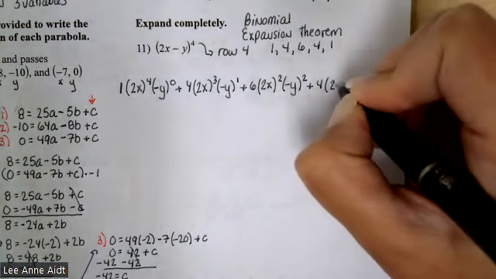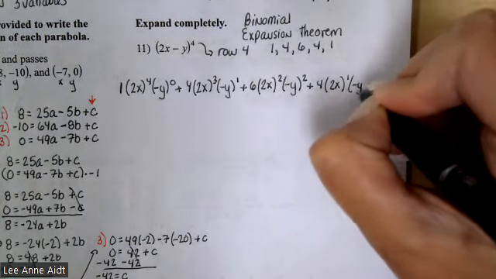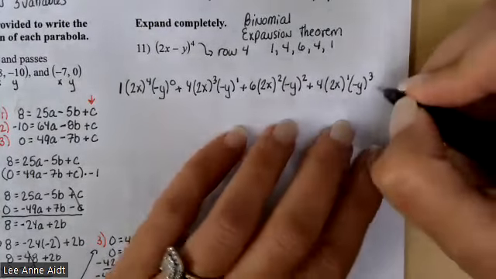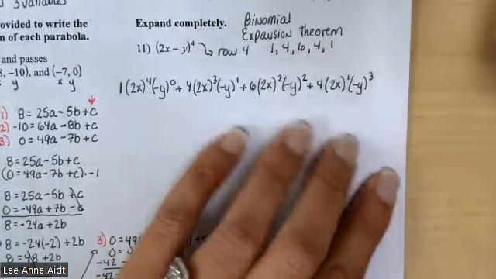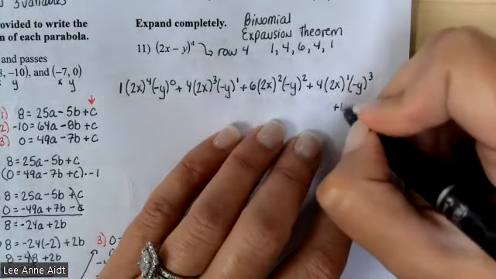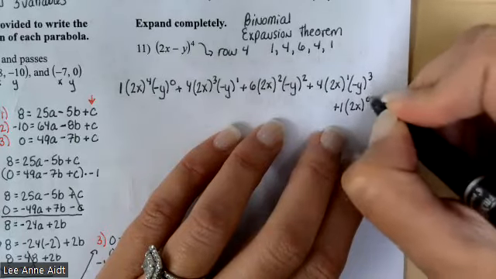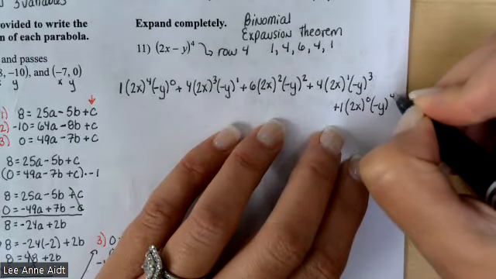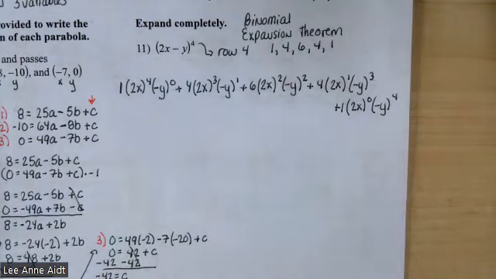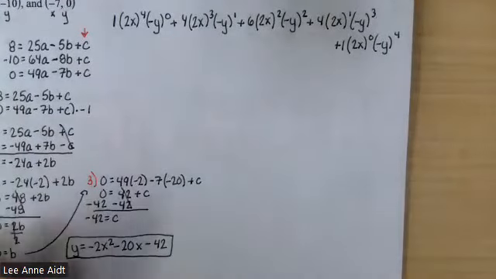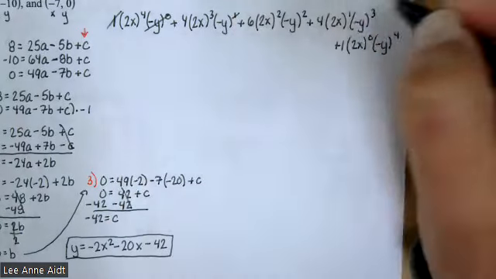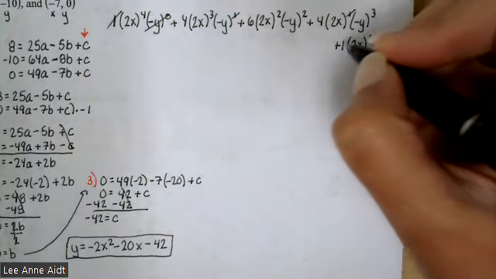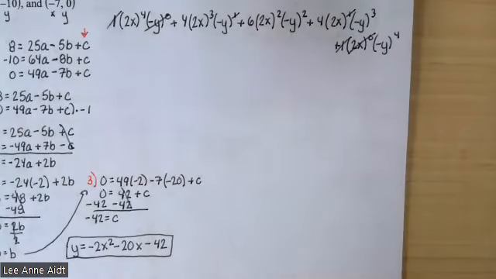Plus 4, front seat down, back seat up. Plus 1, front seat down, back seat up. One, one, one, one, one, one.